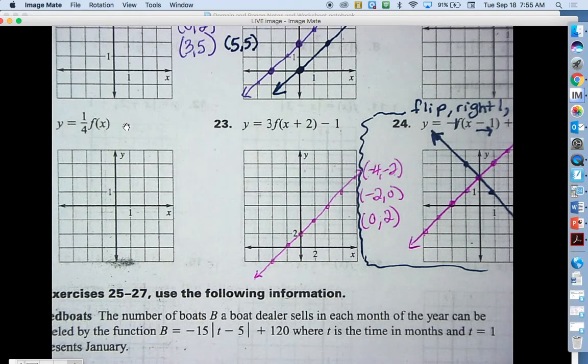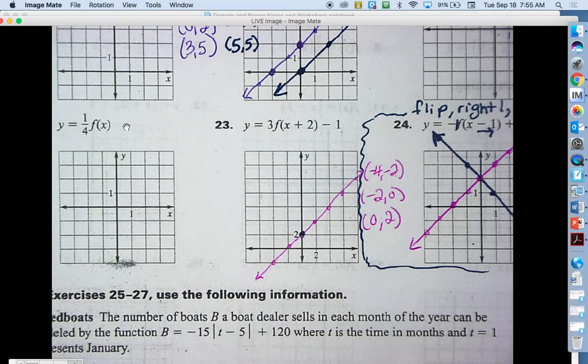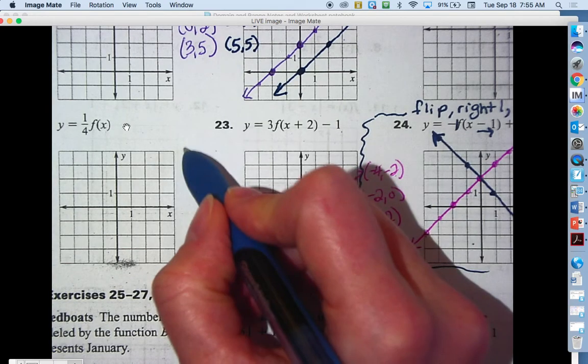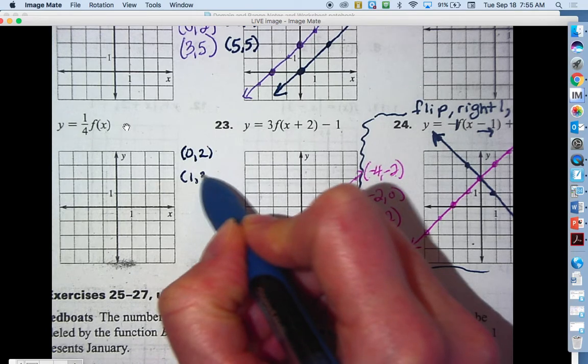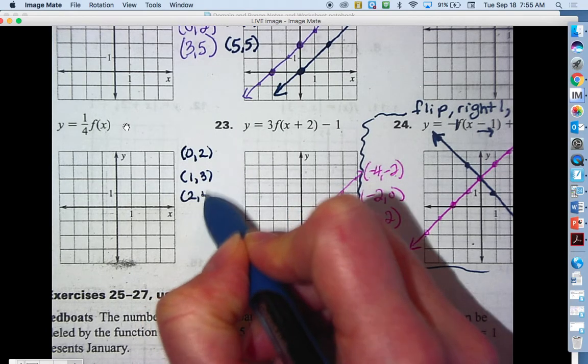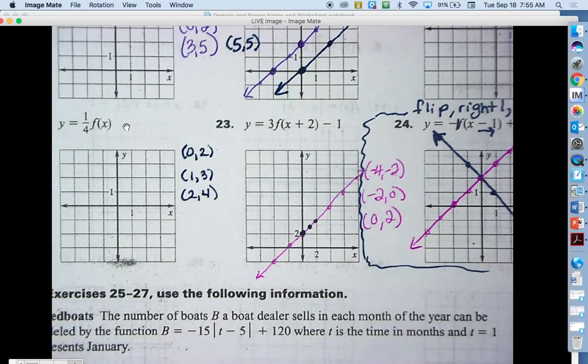Emma, what 3 points did you pick from the line for 23? (0, 2), (1, 3), and (2, 4). So Emma chose 3 points that are right in a row, really tiny right here.